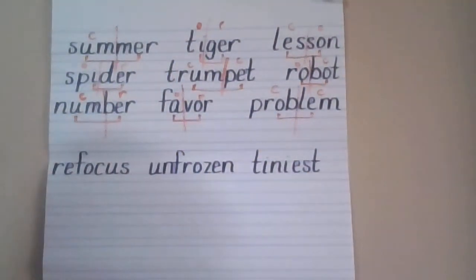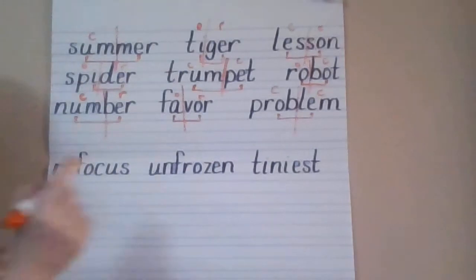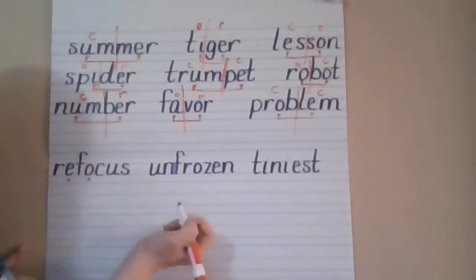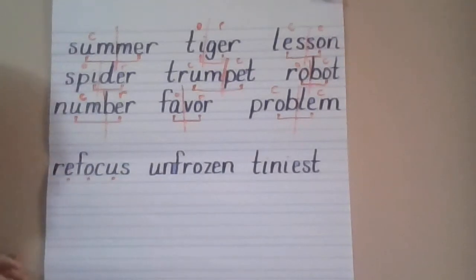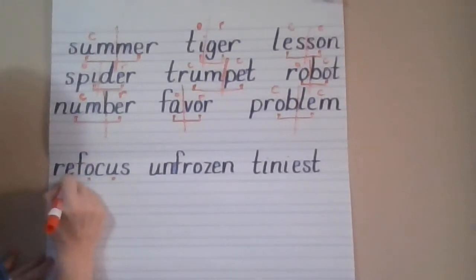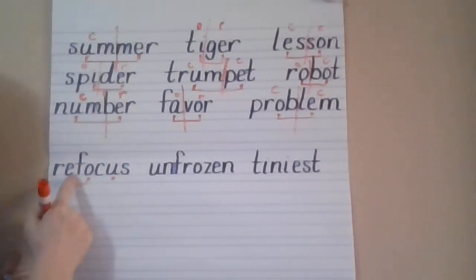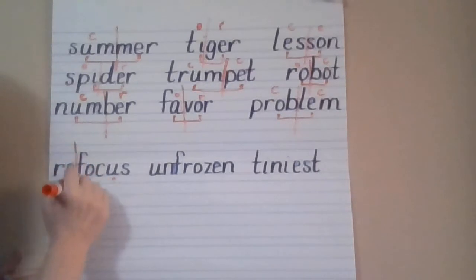Now, these three words down here we're going to do together. These are words that have more than one syllable or more than two syllables in them. So we're still going to start by finding our vowels. I have an E, an O, and a U. I'm going to do one bridge at a time. So I'm going to start here. There's one letter. I'm going to break it before.